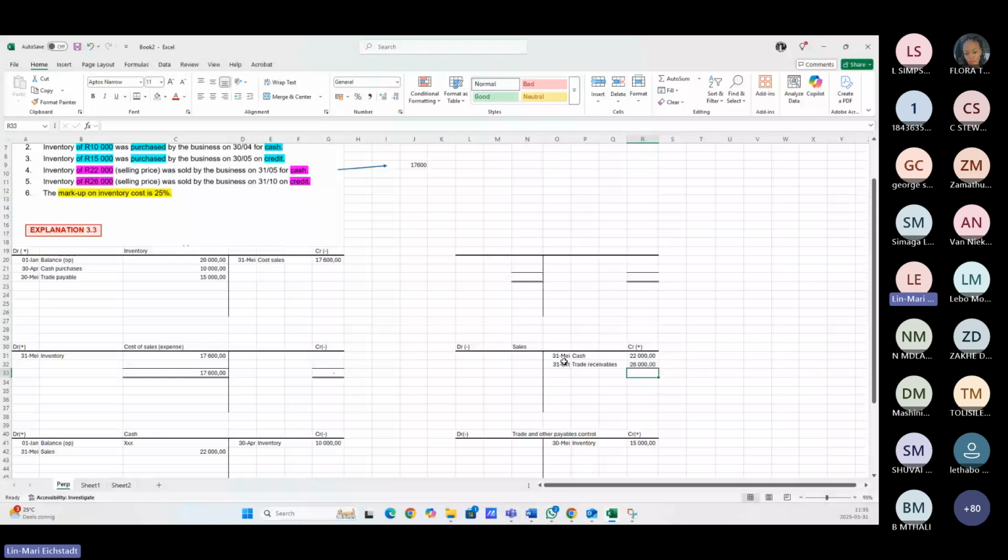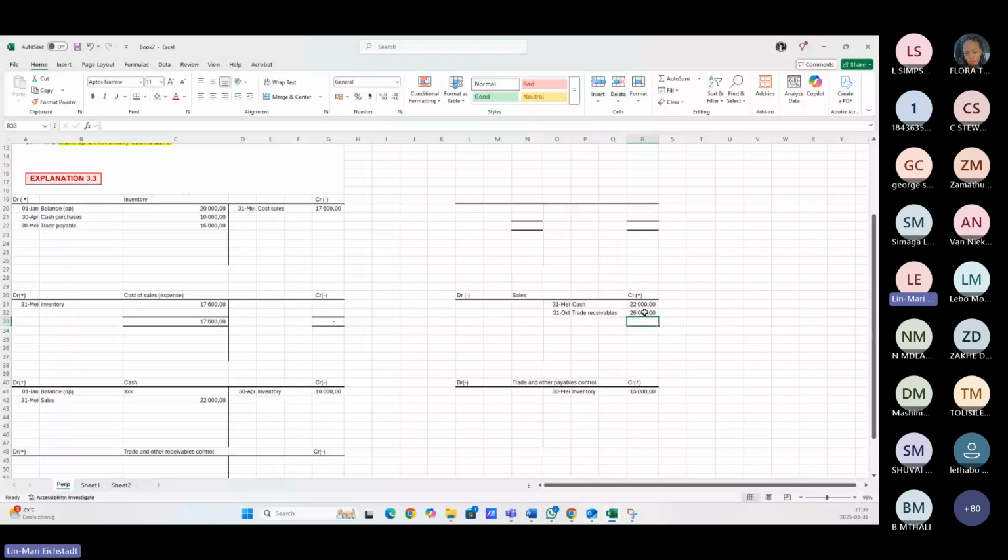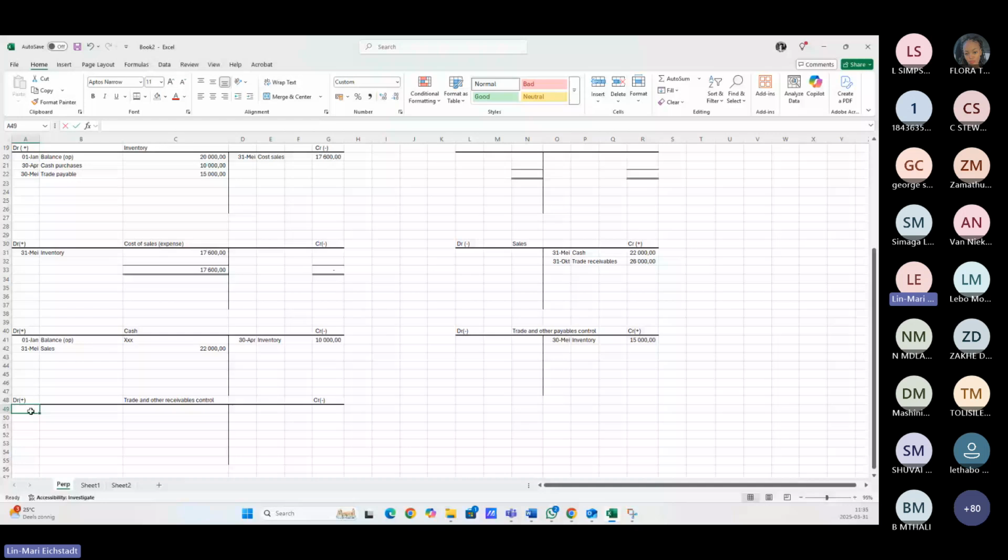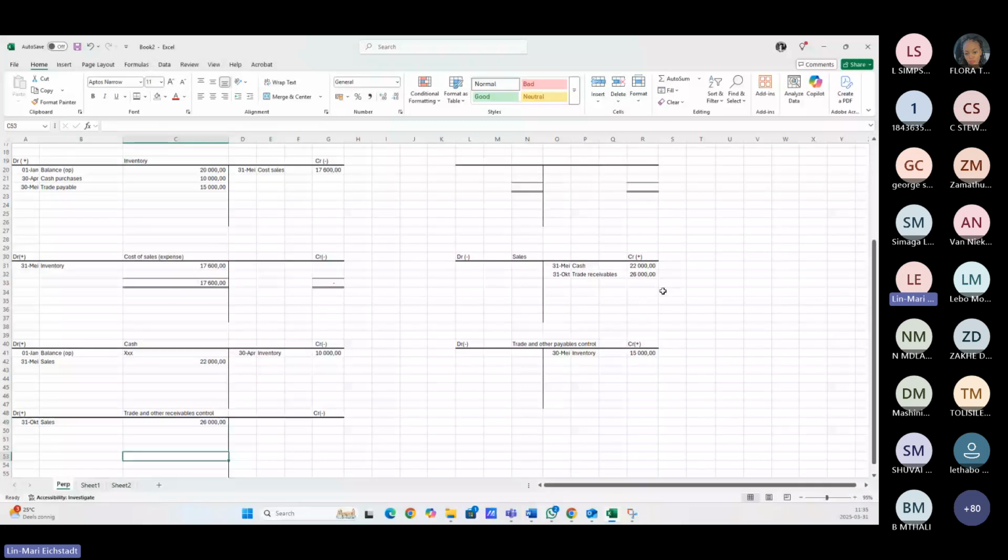Made our sales more. And the other part of that is to increase our debtors account because we will receive this money later. Our contra account to this is sales. Why did our debtors increase? Because we sold something on credit, and our sales increased because we had the sale. And similar to the previous example, we have to then determine what our cost of sales is.